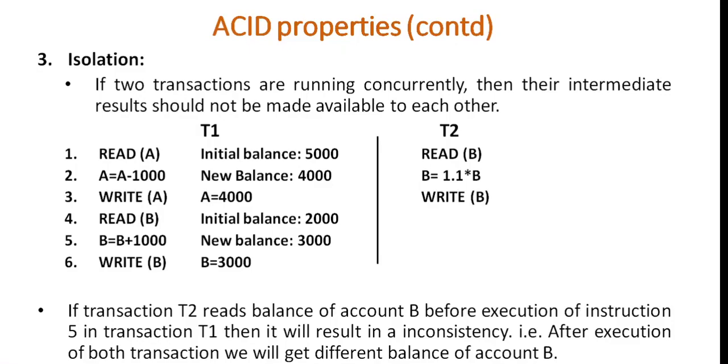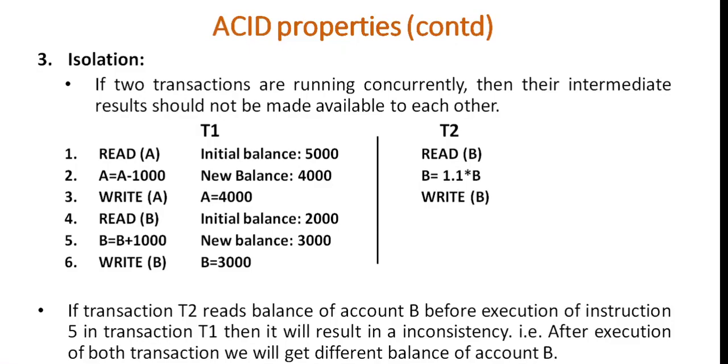But if this T2 transaction reads the initial balance of account B, that is 2000, and if it calculates 10% of 2000, then it will credit some different amount. And after 1000 is credited to B, it will have some different amount.